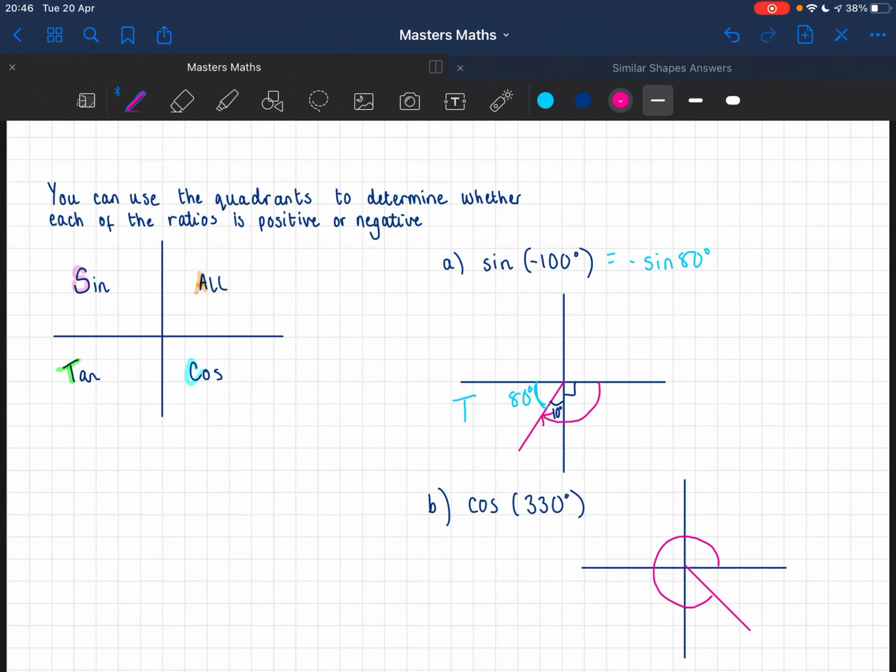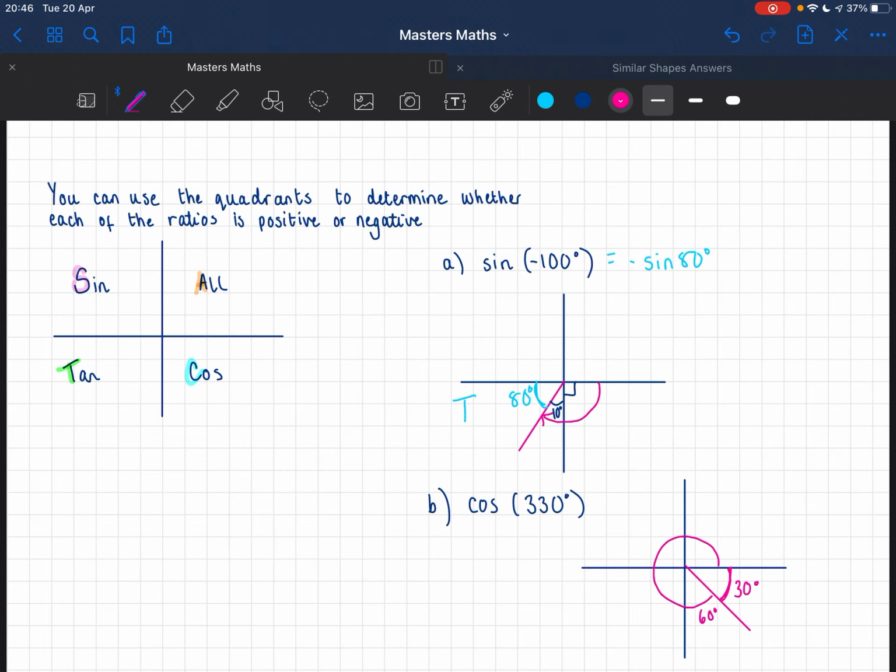Now again, all the way to the negative y-axis would be 270 degrees, meaning that we are left with 60 degrees here. So this part here would be 60, meaning that this angle here is equal to 30 degrees. Now again, we're measuring the acute angle between the x-axis and the line we've just drawn.